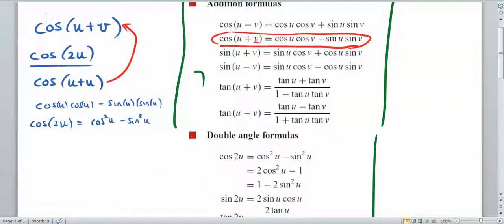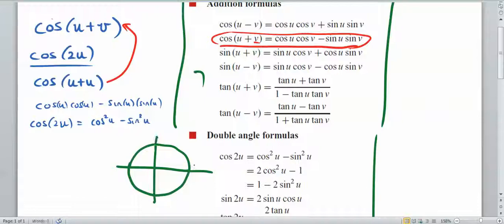Now, we looked at last time deriving the formula. If we look at the unit circle, well, that's the best circle I've ever done. So this is 1, 1, -1, -1, and we know that the x-coordinate is cos theta, and the y-coordinate is sine theta.